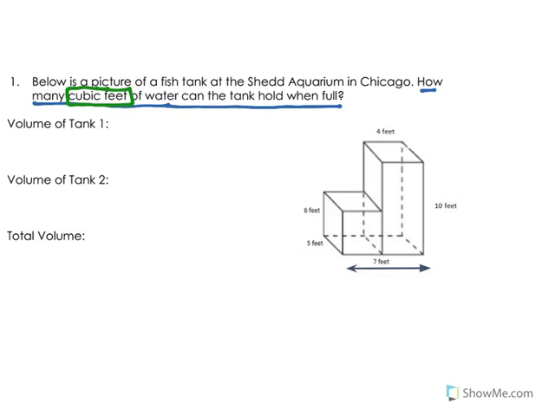Now, first thing I notice is that this is a composite figure. It's been broken up into two prisms. So I actually have to find the volume of each tank separately and then find the total. What I want you to look for is how I find some of the dimensions that are not labeled.